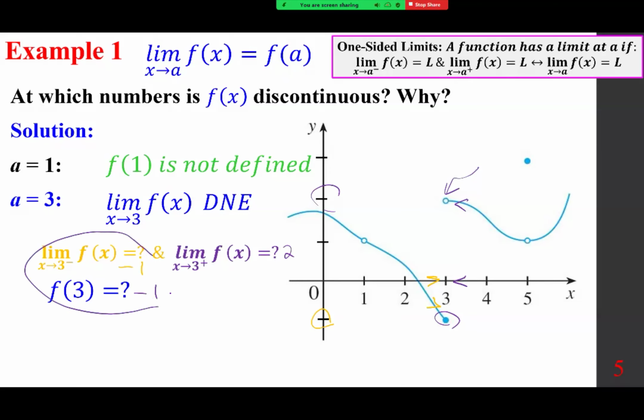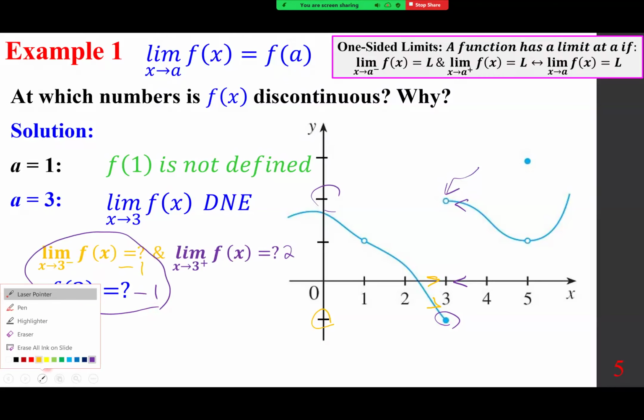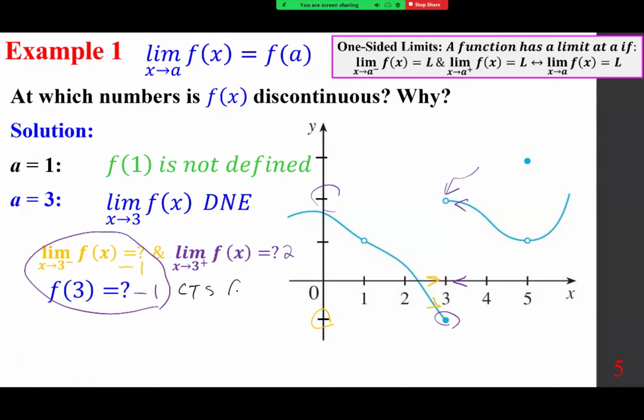And because these two are the same, first of all, this is not continuous at a equals 3. But because these two are the same, we say continuous from the left. We can say the function is continuous from the left at x equals 3.